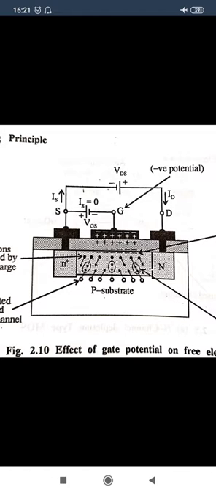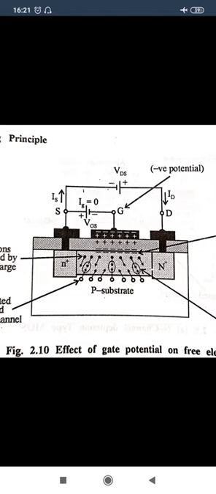When we apply a negative voltage to the gate terminal, the electrons present in the channel are attracted towards the gate terminal, increasing in the channel. At the same time, holes are also present there, but in fewer numbers.